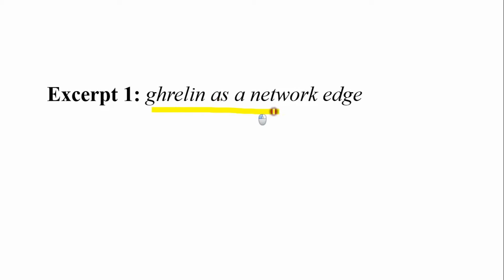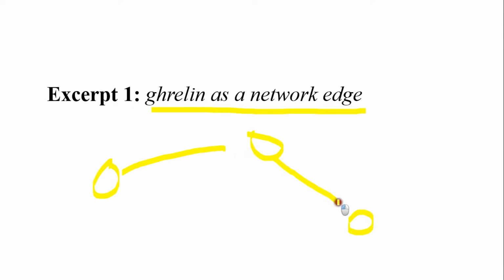So, Ghrelin as a network edge. What does that mean? It's very simple. If you have a network, then you have connections between the nodes.